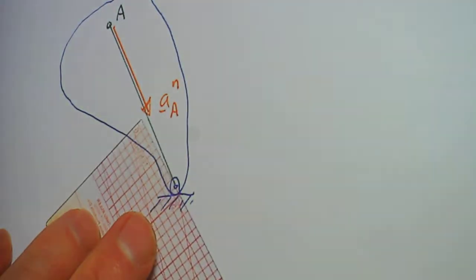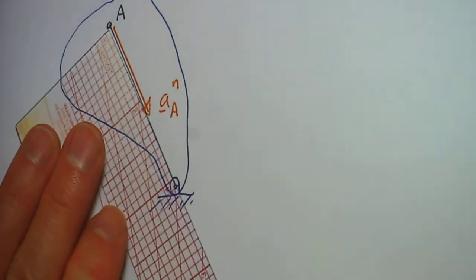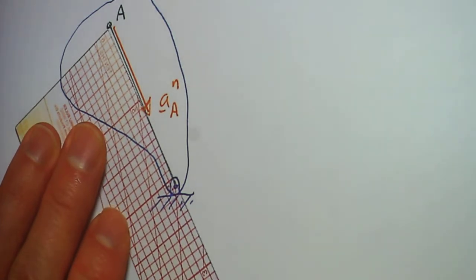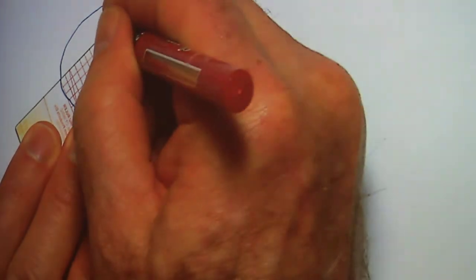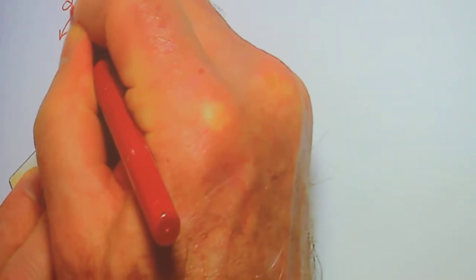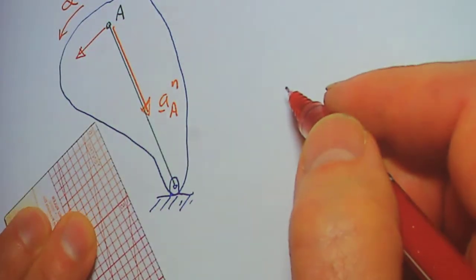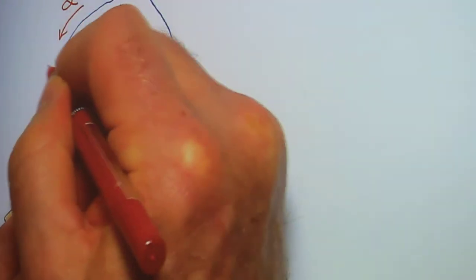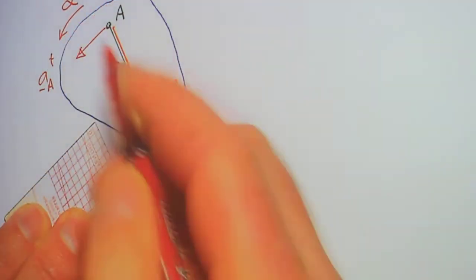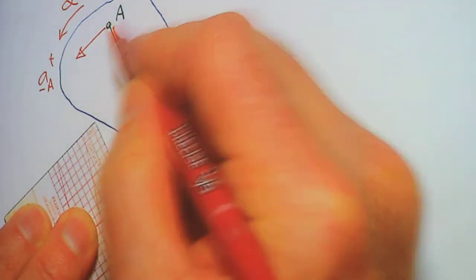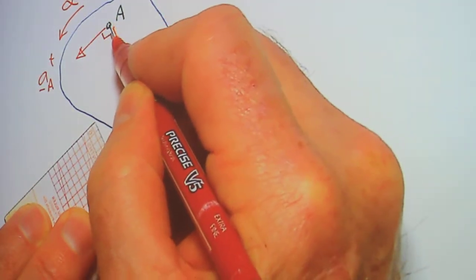All right. And then this component here, if my alpha was going like this, this would be my tangential component. If alpha was going the other way, this would be going off like this, but it has to be 90 degrees from here.